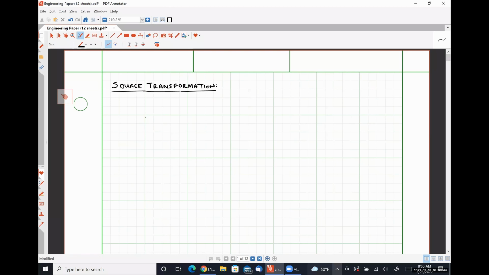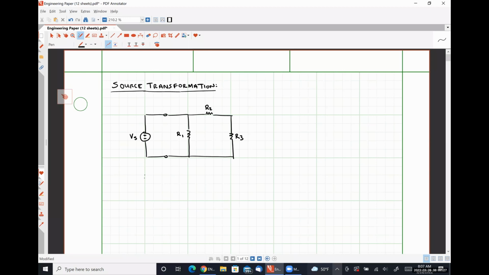is, let's say that we have a network 1, and it contains a voltage source Vs connected to a network that contains, let's say, a resistor R1 like so, a resistor R2 like so, and a resistor R3 like so.